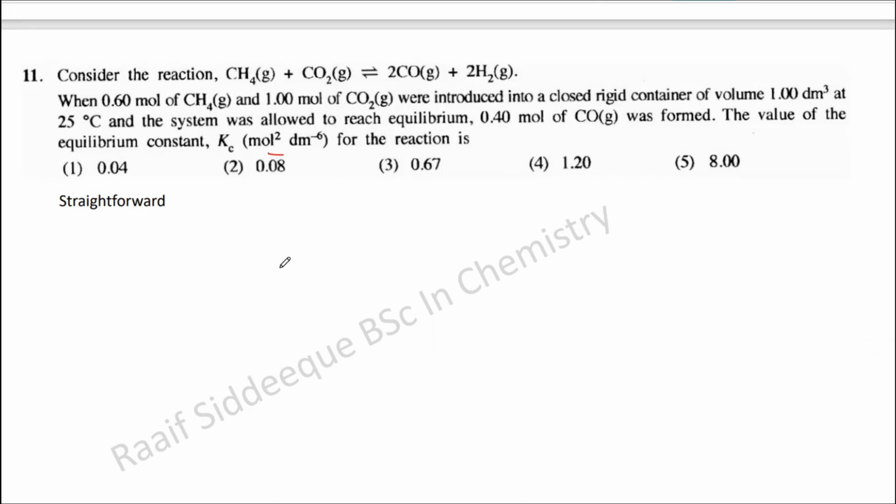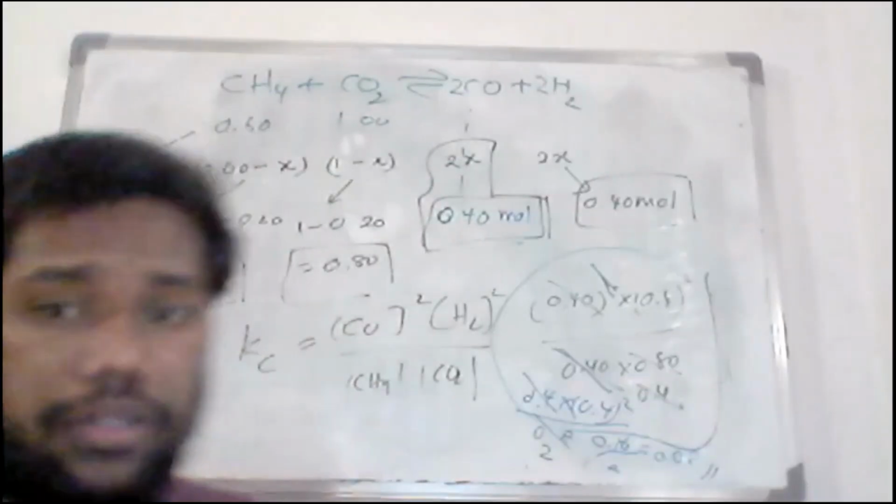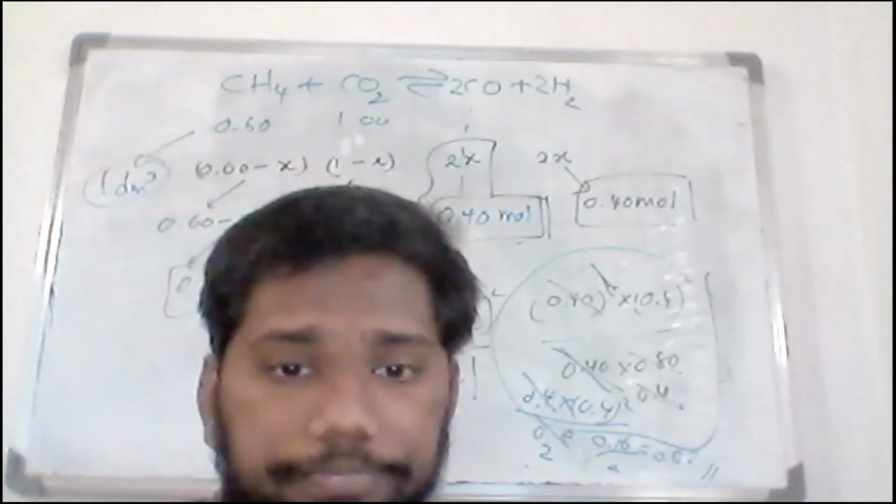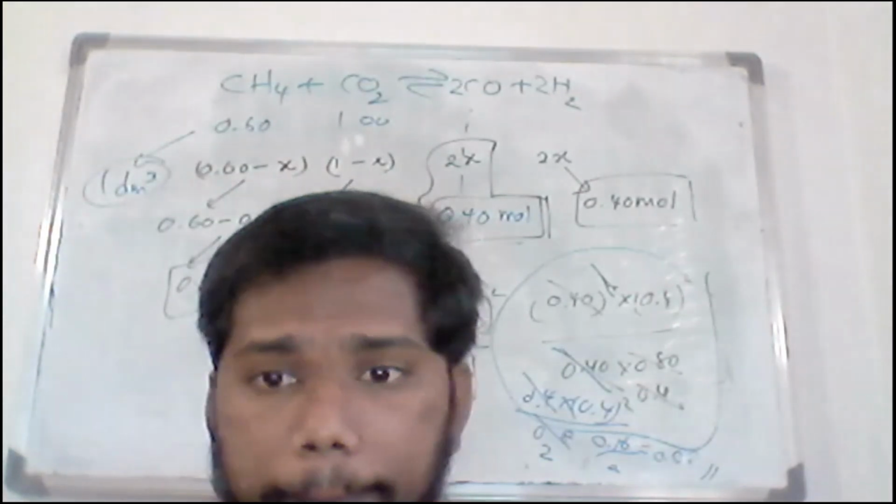So 0.4 squared is 0.16, over 2 is 0.08, which is our answer, which is given as the second option. So this is our answer, 0.08. This one is the answer.